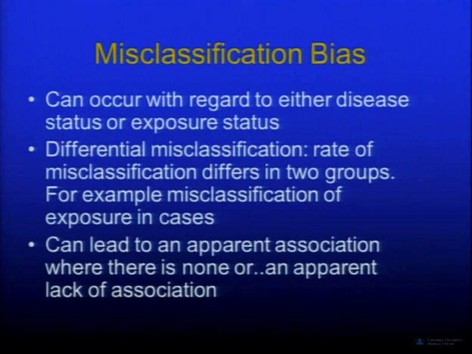And it's not happening in the controls because nothing they can think of is wrong. They're not really searching their memory. And this could lead to an apparent association where there is none, or an apparent lack of an association. So it really just ruins your results, and you don't know what's going on anymore when you have differential misclassification bias.